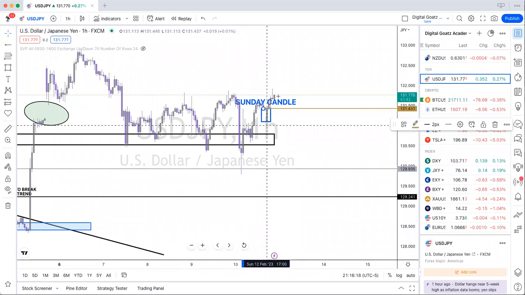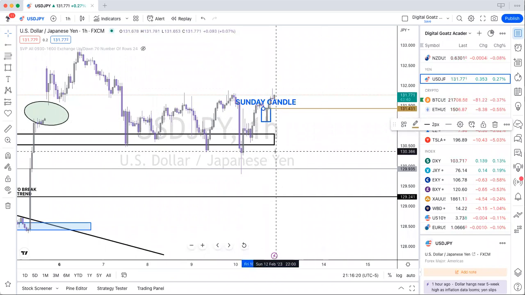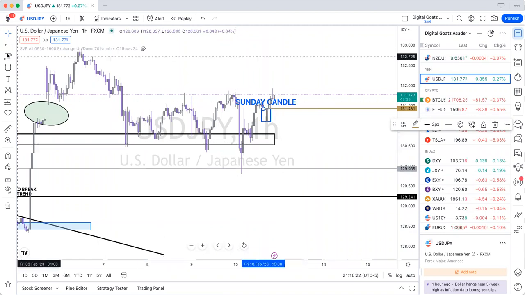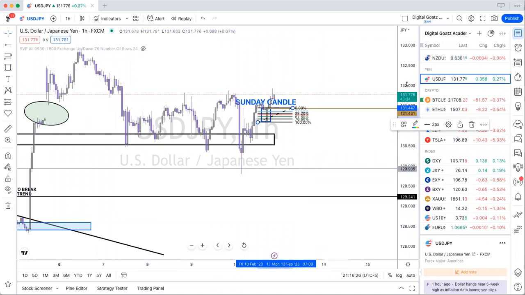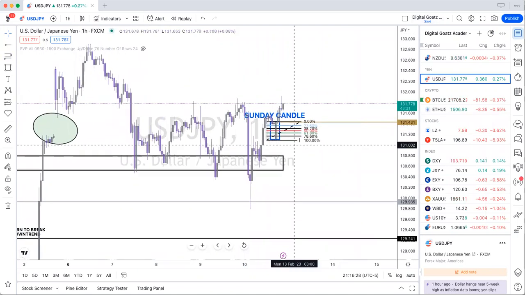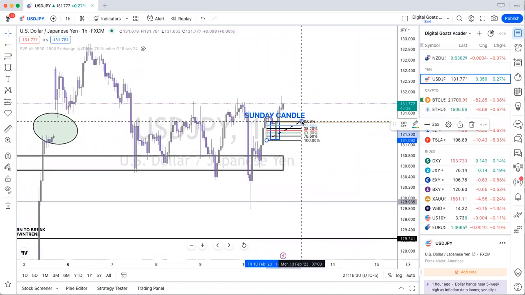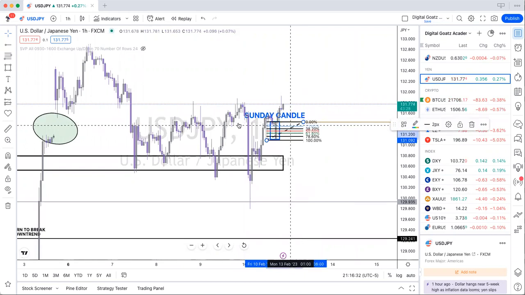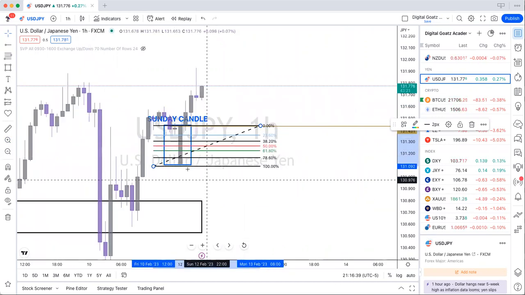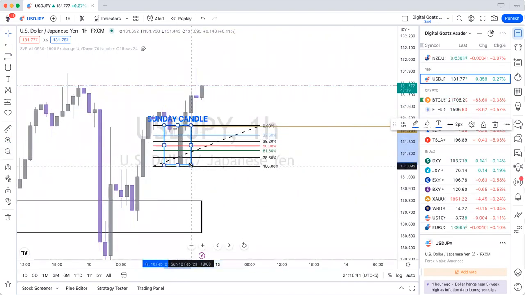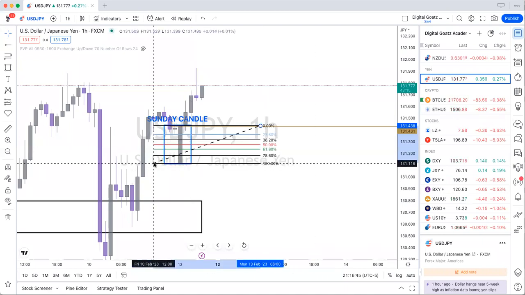If we are continuously bullish, what we should get towards London, maybe around 5 a.m., is a pullback of about 50%, if not 100%, of this candle, of this box right here. So I'm going to zoom in so you can see this box. This is what I always mark with the Sunday candle, guys, and I try to get it on par as much as possible.